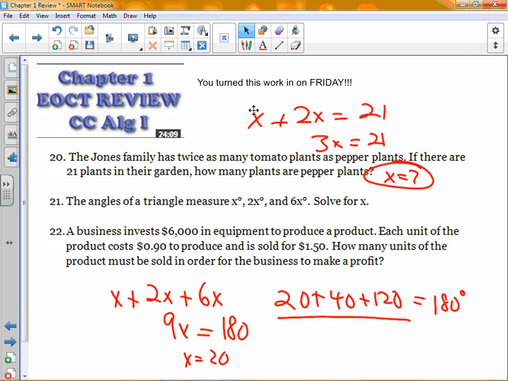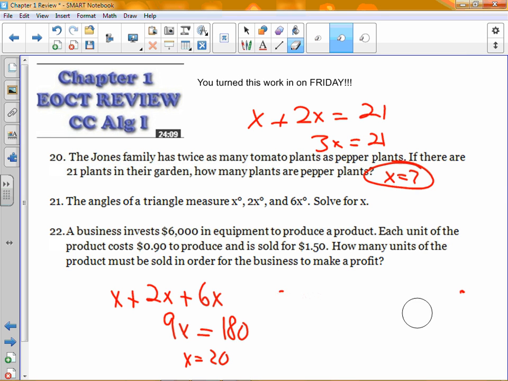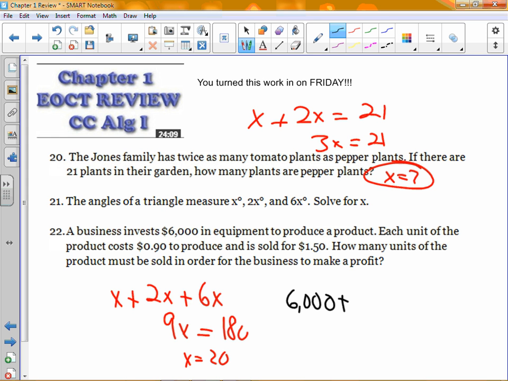Okay. The last problem. A lot of you guys set this one up, but you didn't get your like statements on opposite sides of each other. This thing says that you start a business with $6,000. So $6,000 is your starting cost, and to that, every time you make one of whatever product it is that you make, it costs you 90 cents.